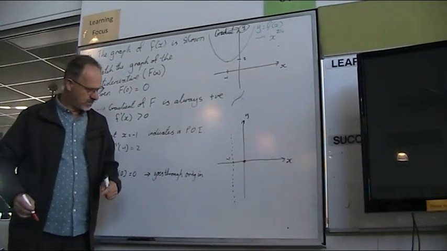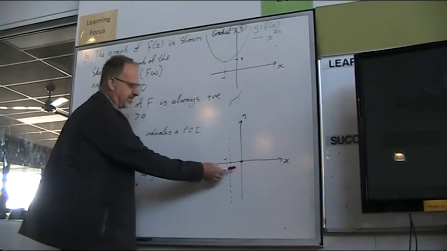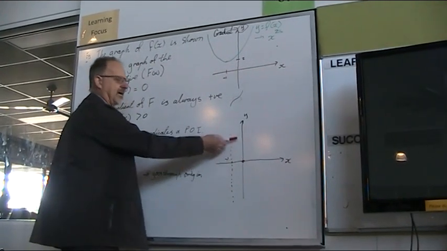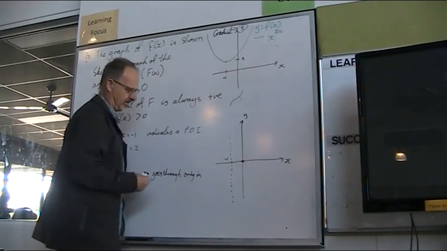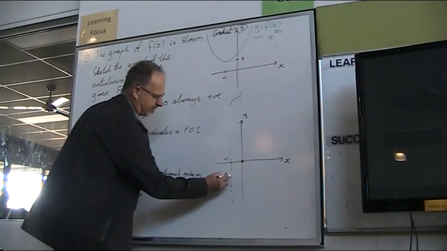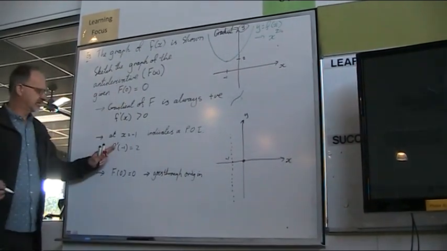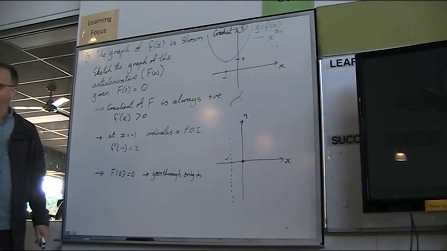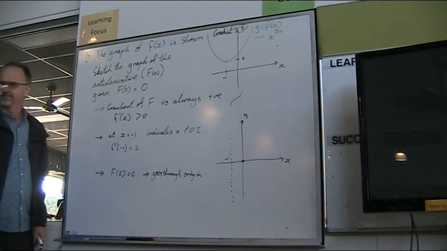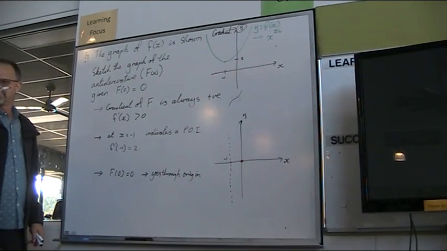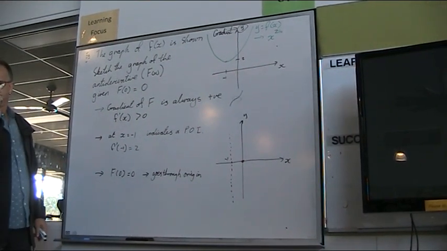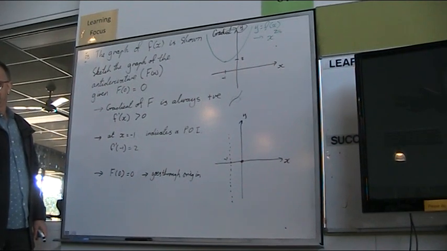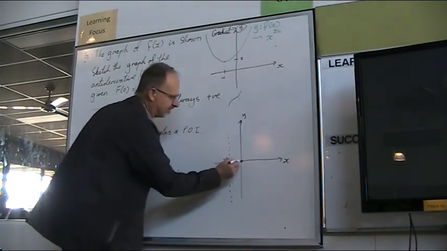So where would our point of inflection be? Down here or up here? Down. All right. So I've got a point of inflection, and because the gradient's 2, it's not a stationary point of inflection. It's just a point of inflection on an angle.